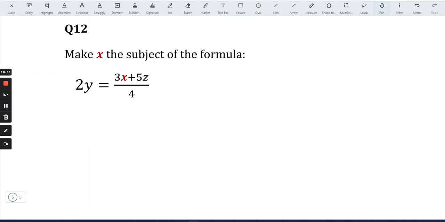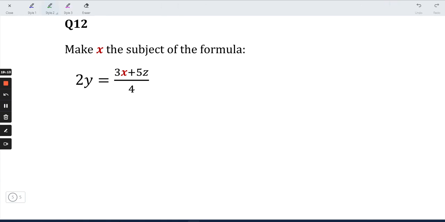A question here, question 12, also a fraction. We'll do the same steps. They need x to be the subject of the formula. 2y over 1 equals 3x plus 5z over 4. So cross multiplication: 3x plus 5z times 1 is equal to 3x plus 5z, equal to 2y times 4, which is 8y.